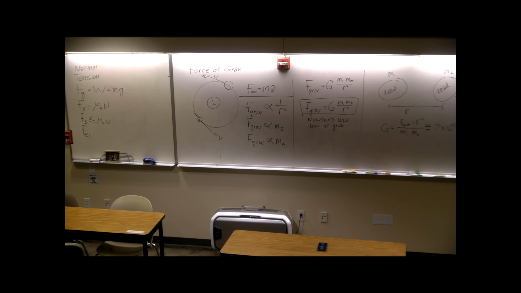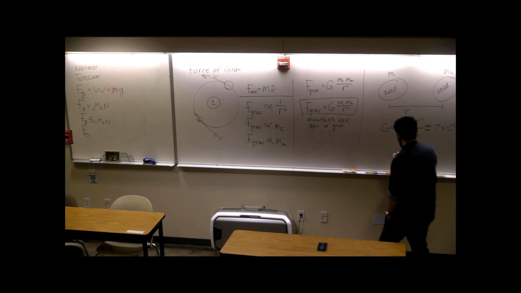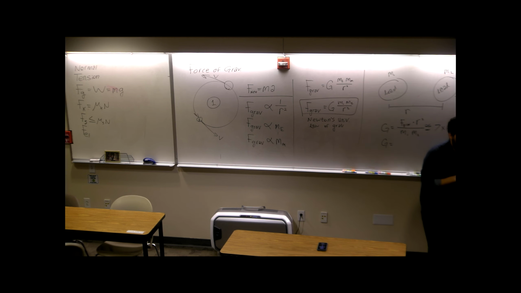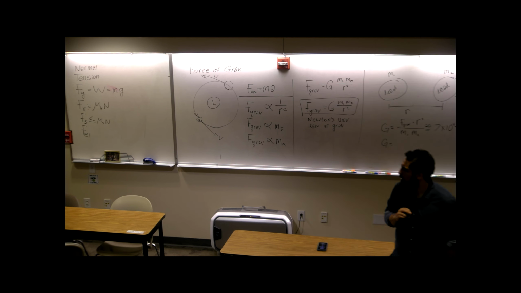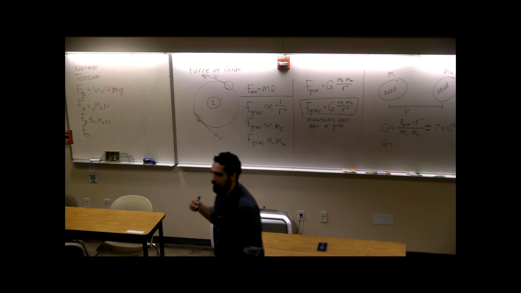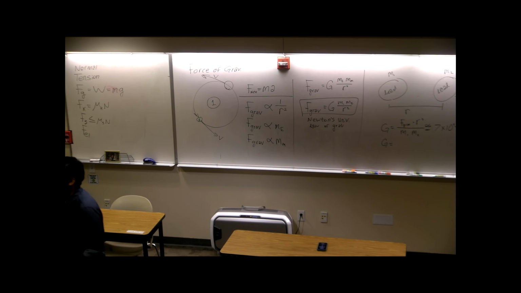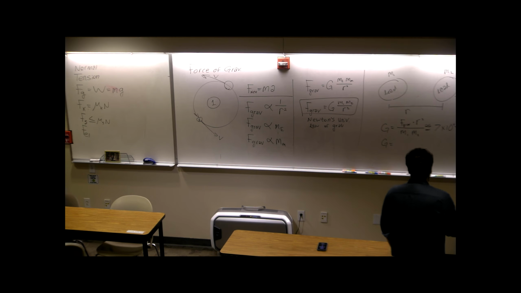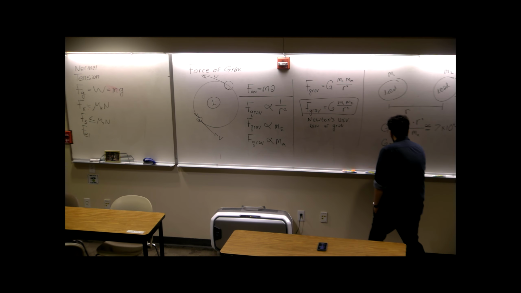And in the century since, we found a closer value for the universal gravitational constant, we call it. Why do we call it that? Well, it's the constant in the universal gravitational equation. So we found a closer value for this universal gravitational constant to be 6.67 times 10 to the minus 11 Newton meters squared per kilogram squared.